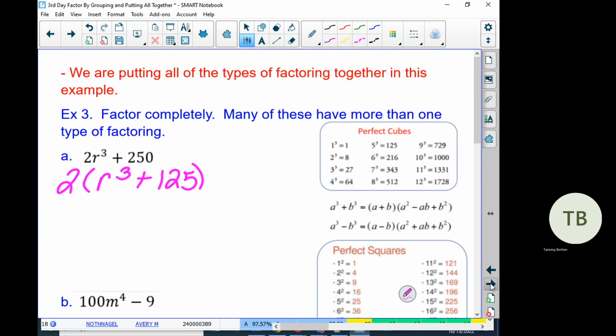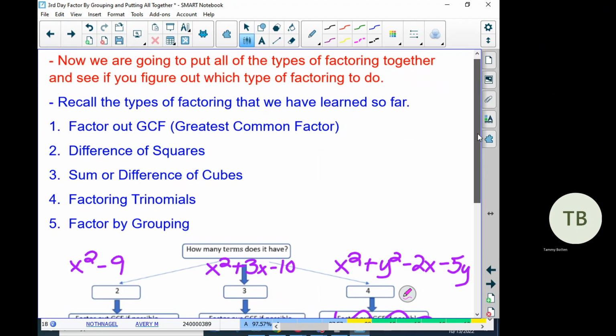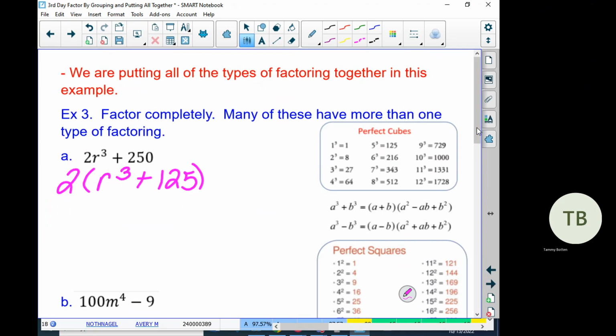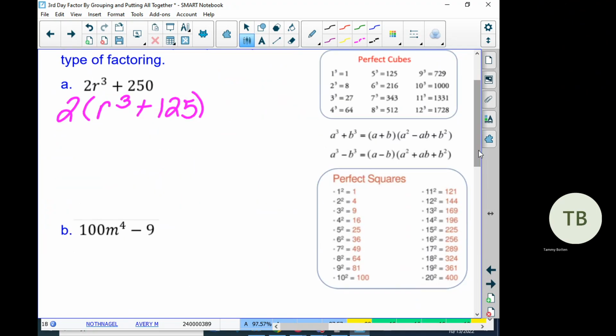Now this one, notice, is a cube. If it's a cube and notice it's a plus sign, that means we're doing sum of two cubes, which is this rule right here. And then I'll remind you how we did that. If you remember with sum of cubes, we said, what cubed gives me r cubed?